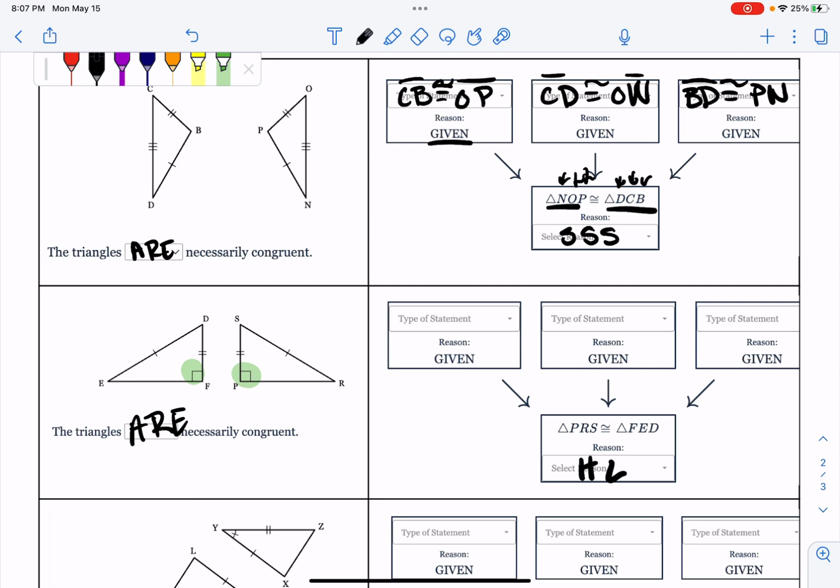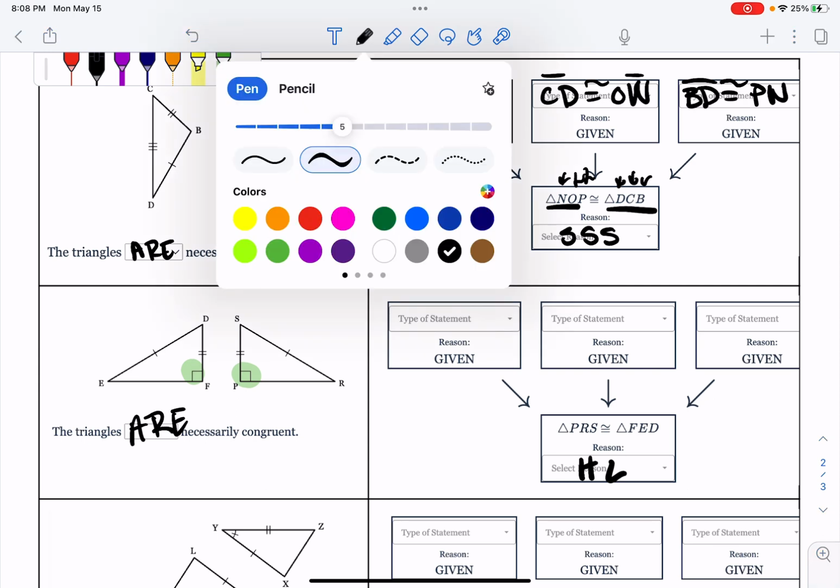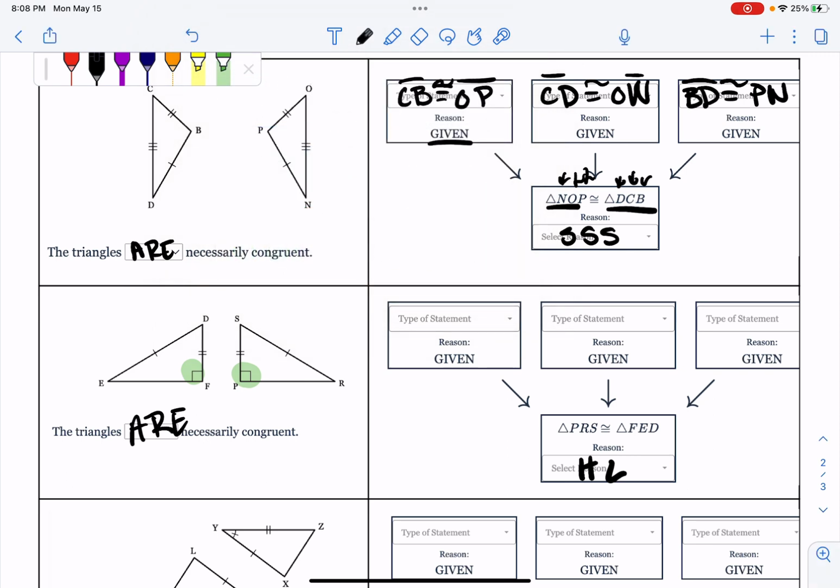But again, we still need 3 pieces of information. One of them is going to be that we have a right triangle. I can't remember how they do that in your drop-down menu on Delta Math, but essentially we need to say that triangle DFE is a right triangle, or somehow indicating that angle F is congruent to angle P, and that they are equal to 90 degrees.